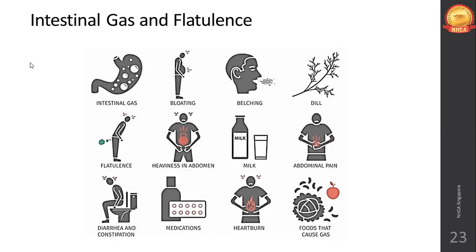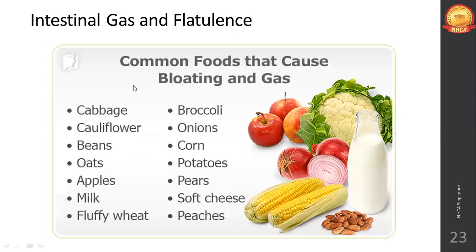To make sure that intestinal gas is reduced, you can follow a diet in which these foods are avoided. Common foods that cause gas and bloating: cabbage, cauliflower, beans, oats, apple, milk, refined flours, broccoli, onion, corn, potatoes, pears, soft cheeses, peaches. These are the foods usually associated with gas.